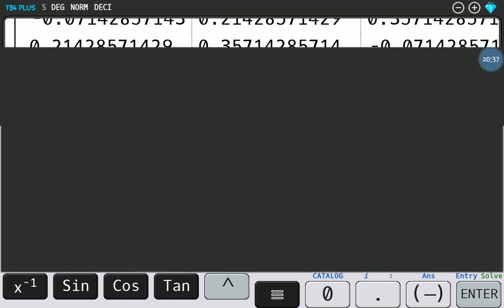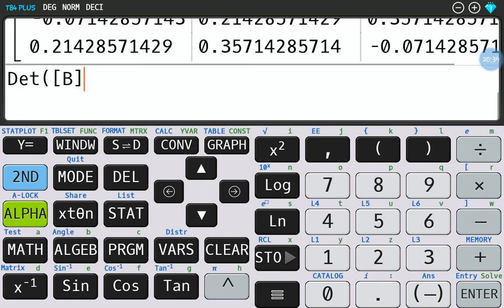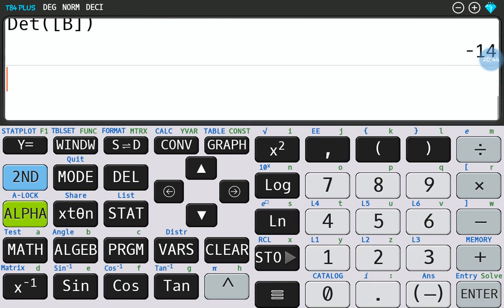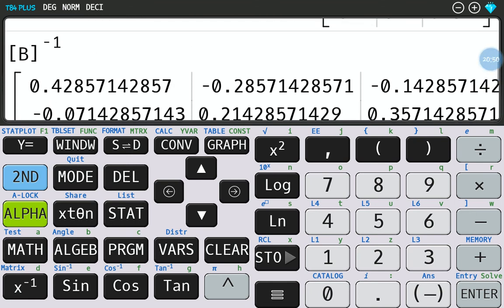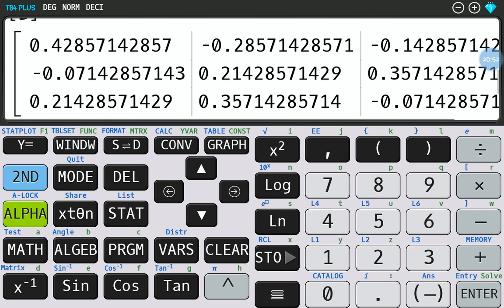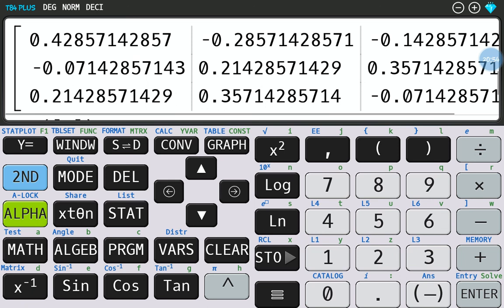B. Name B. Close it. That would be -14. See? So when you see that, it's exactly matching. So when we find the inverse matrix of B, look how complicated the numbers are. Oh my goodness. So we are going to have a chance to practice how to get the inverse matrix of a 3 by 3 when we learn section 7.3.